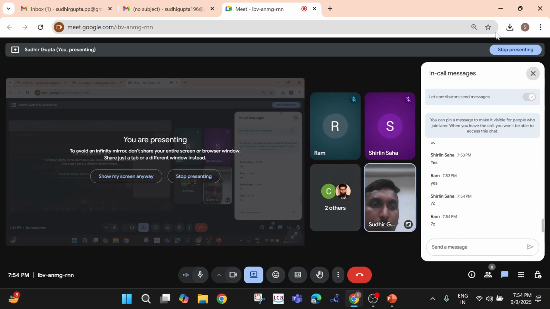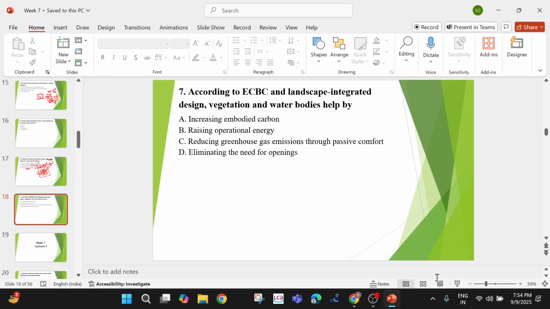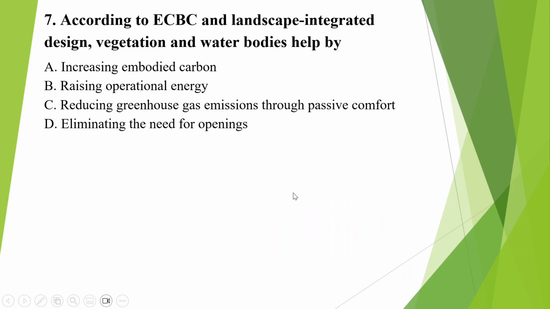Yeah. So 7C has been marked by most of you, and 7C is the correct answer for question number 7, because whenever you take advantage of building design, vegetation and water bodies together, it helps you reduce greenhouse emissions and provide basic comfort to the residents.